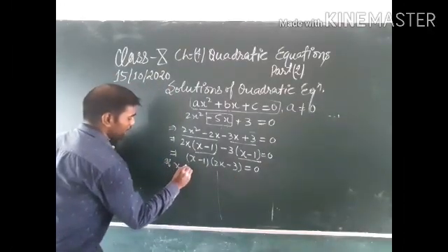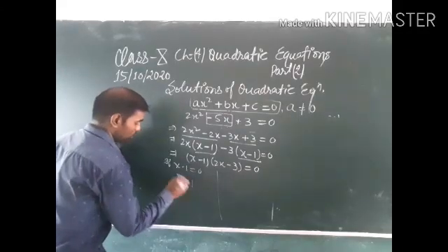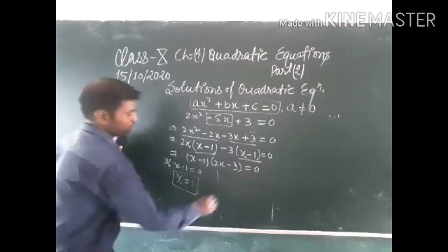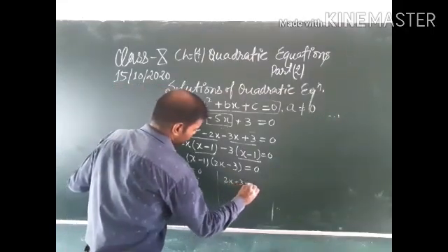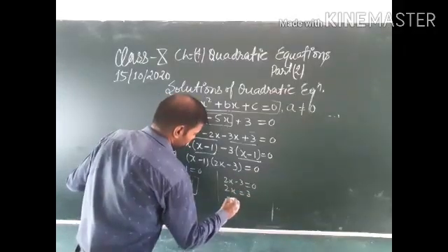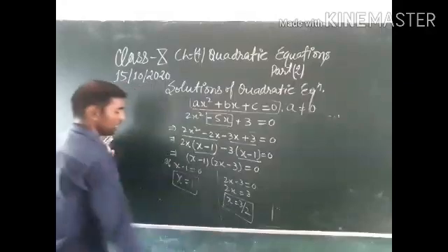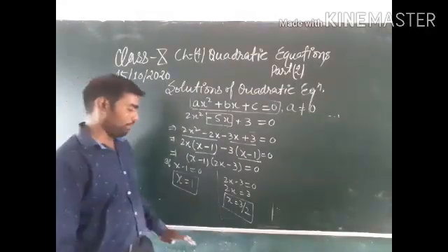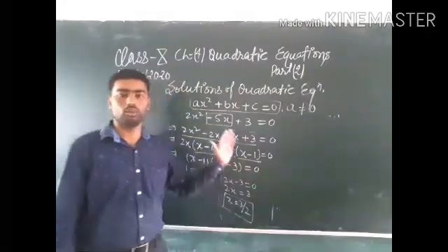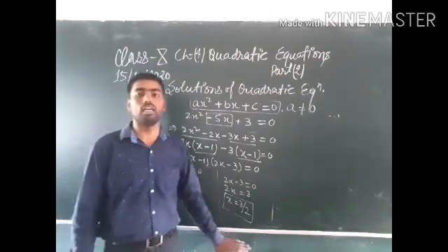If x − 1 = 0, we get x = 1. If 2x − 3 = 0, we get 2x = 3 and x = 3/2. So x = 1 and x = 3/2 are the solutions of the given quadratic equation. This is the method of splitting the middle term.